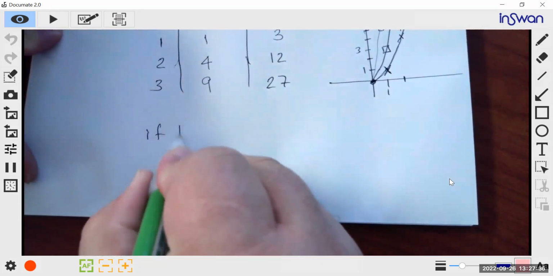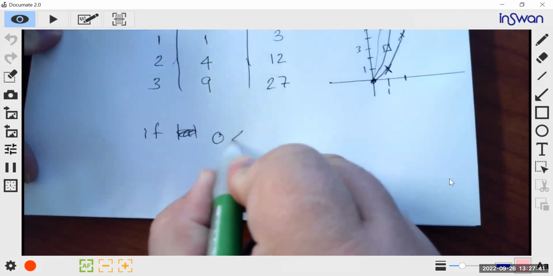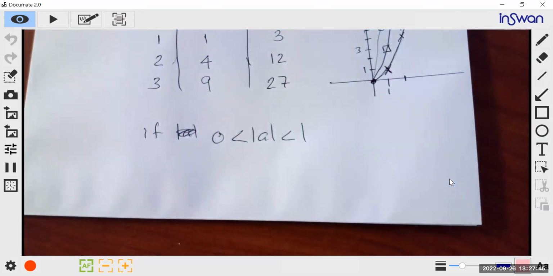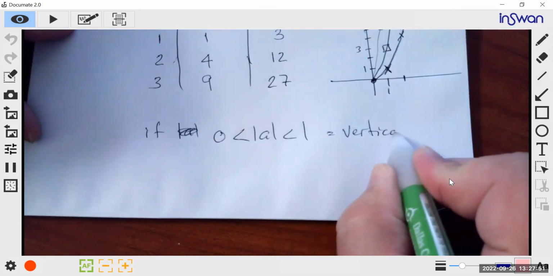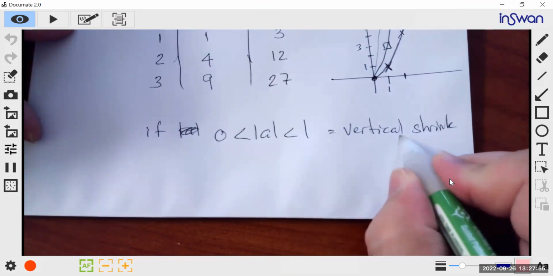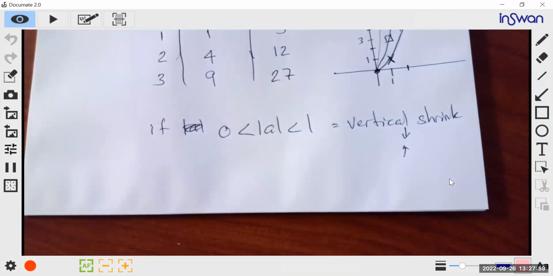If the absolute value of a is between 0 and 1, a decimal, then we have a vertical shrink. It pushes it down. You can say compression instead of a shrink. It compresses it.